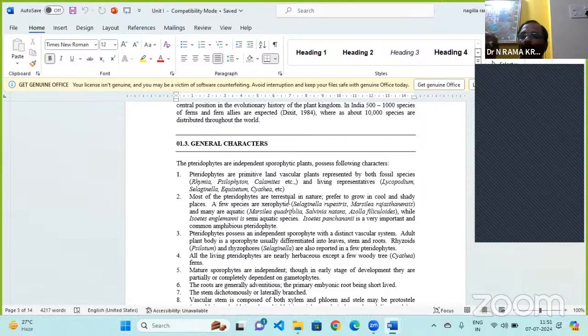Bryophytic and thallophytic plants are found only where there is water. Without water, these plants are not found. From the pteridophytes, plants come outside the water.